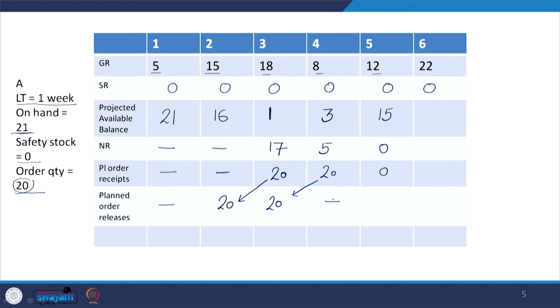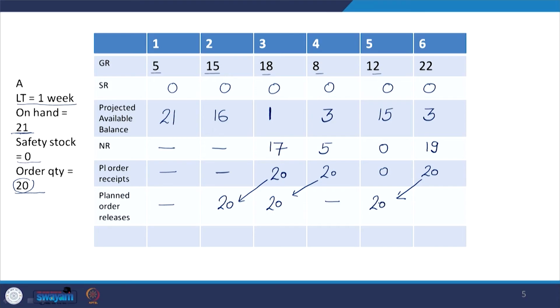Next period, out of that, 12 you have consumed, so you are left with 3 units. Your demand is 22, so the net requirement is 19 units. You want 19, but you can only get in multiples of 20 and therefore, you will place an order of 20.